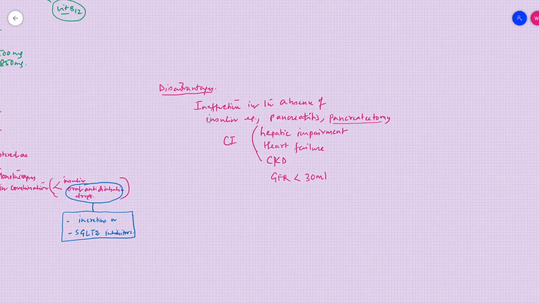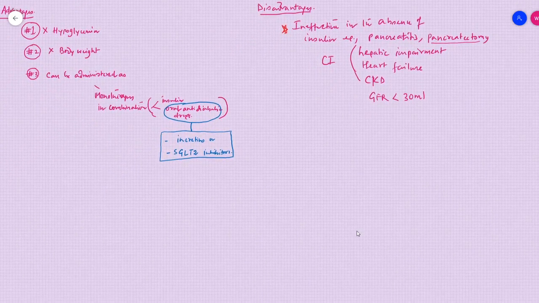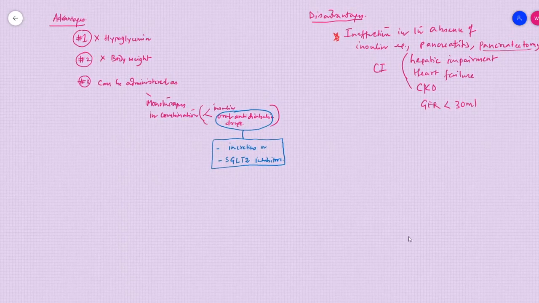Okay, it doesn't have very many disadvantages. It's got very few disadvantages. It has got more advantages. So if we are asked what is the advantage of metformin over sulfonylureas, then we list out these advantages.